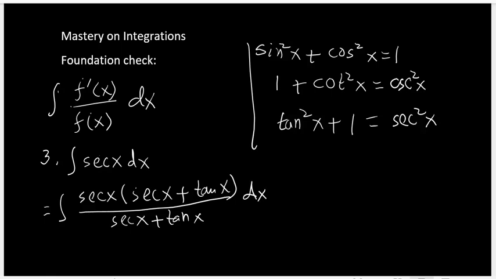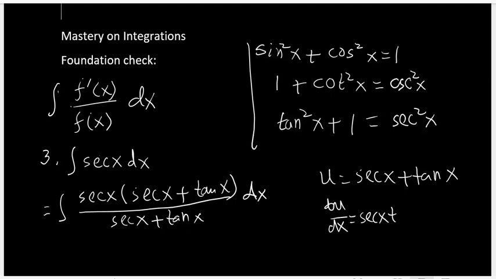Now if you look at the denominator, say u equals secant x plus tangent x. When you take the derivative du dx, secant x gives me secant x tangent x plus tangent gives me secant squared x.